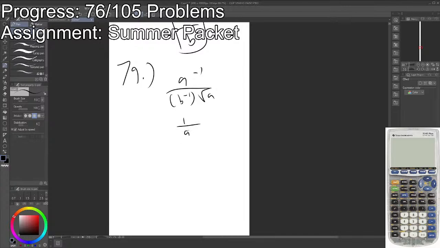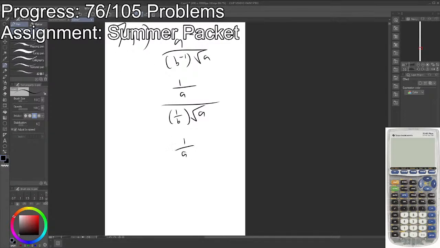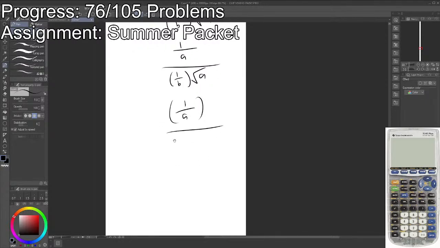So 1 over A, 1 over B. So 1 over A at the numerator, square root of A over B. Here, I'm gonna rewrite this. Yeah.